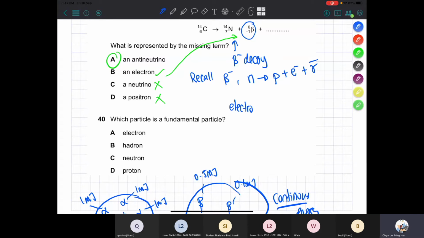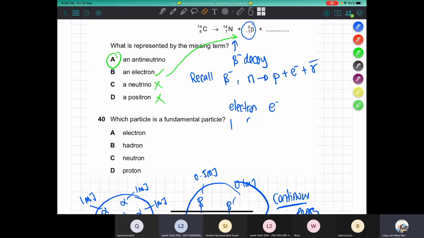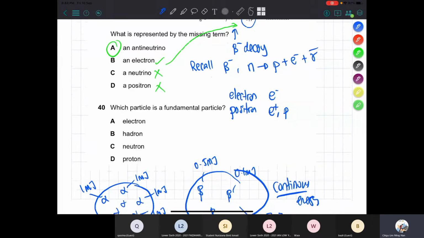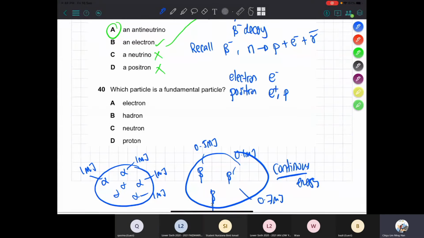So this is an electron, which is E minus. For positron, sorry, my handwriting is bad. For positron, you can write E plus, or you can write P, whichever you like to call it. This one, the answer, there is no other choice. A. This one is wrong.